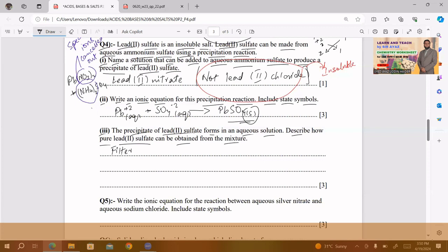Filter, then wash the residue with distilled or deionized water.